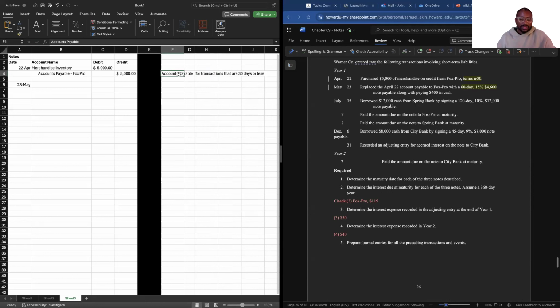So usually if something is due in 30 days or less, we put it in accounts payable. We usually use notes payable for transactions that are 30 days or more.